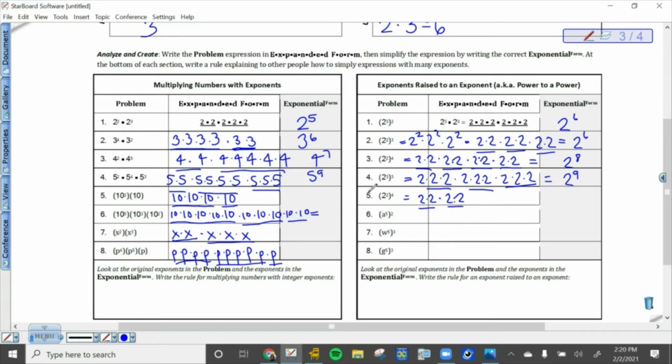You don't have to do number 5 because that's just a repeat of number 3. Saves you from writing some extra 2's.